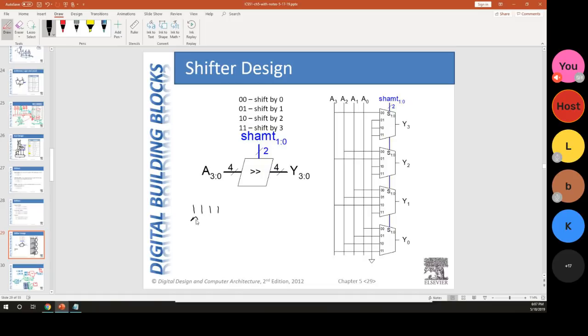This is going to be A3, this is going to be A2, this is going to be A1, and this is going to be A0, and it's the same case for the output. So the least significant bit is going to be Y0. This bit is going to be Y1, this bit is going to be Y2, and this bit is going to be Y3.